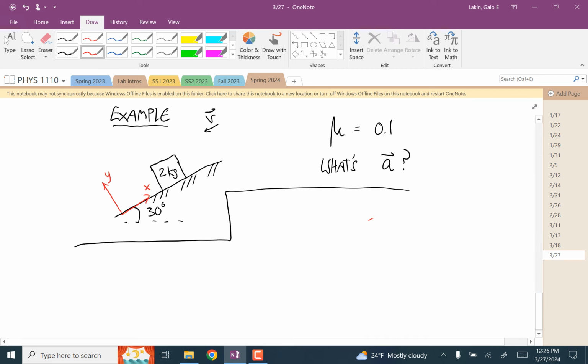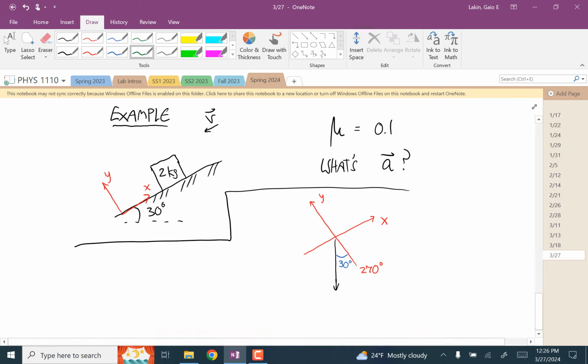So to figure out this angle, here's our coordinate system. The y-axis, or the weight force, goes straight down. This is the 270-degree line. That's the negative y-axis. And so this angle here has to be 30 degrees. So in this case, do we need to take 270 plus 30 or 270 minus 30?